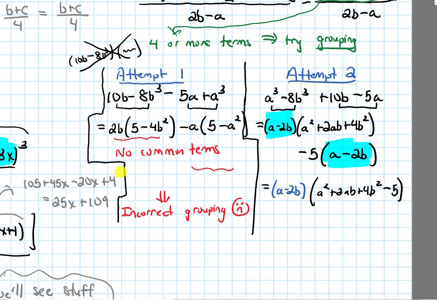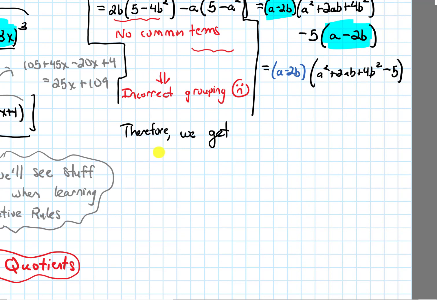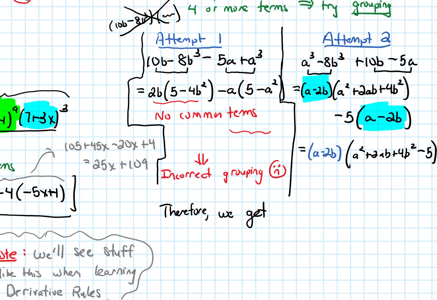So now I've got to put it together. So therefore, putting this together, we had 10b minus 8b cubed minus 5a. Sorry, one more time.